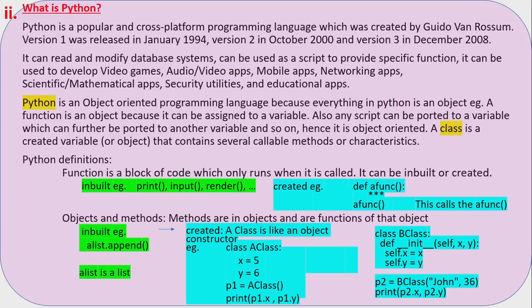The first characteristic, which is classified as a method of that object, is x equals 5. The second is y equals 6. Outside of the block, the object is created, which is P1. So P1 is assigned the AClass. Now we can call the method x by using P1.x, or call the method y by using P1.y.